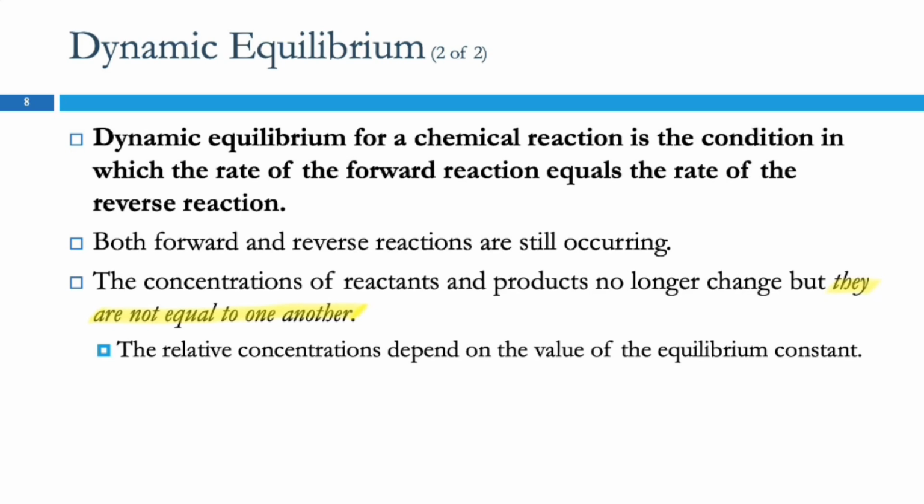It just means that it's come to a point of balance and the concentrations aren't changing. Those relative concentrations are going to depend on the value of the equilibrium constant. We could have the product concentrations being very, very high and the reactants being low, or vice versa, or we could have them being equal or anywhere in between.